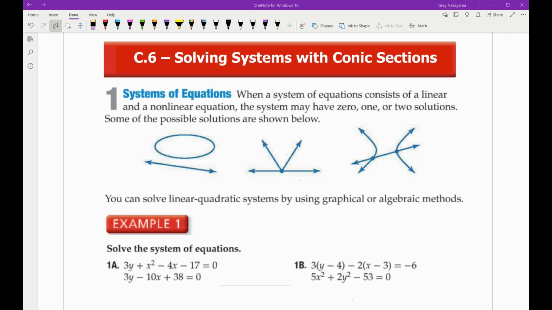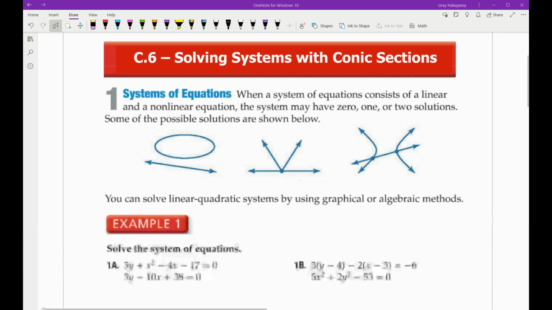All right, today's lesson is C.6, Solving Systems with Conic Sections. So we are actually going to do them algebraically this time, but I wanted to show you graphically what's going on, and I'm going to try to reinforce that as we go through.